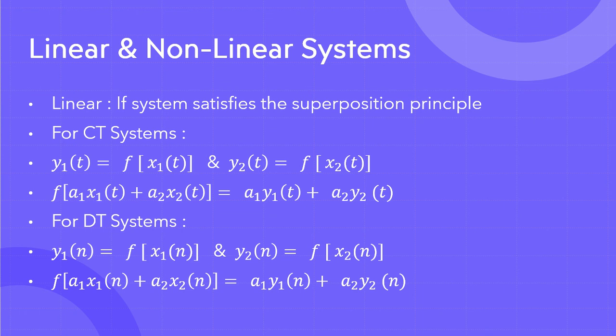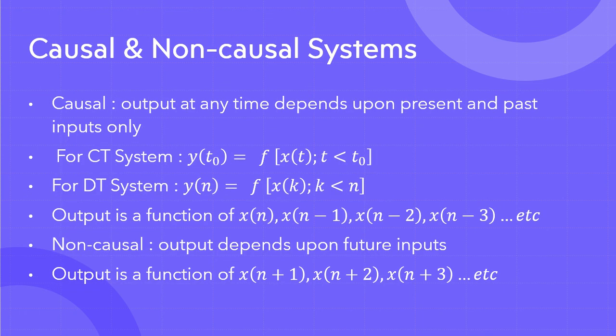Now let's come to the next one. We have causal and non-causal systems. First, let's see what a causal system is, then we will see non-causal. A system is said to be a causal system if its output at any time depends upon the present and past input only.